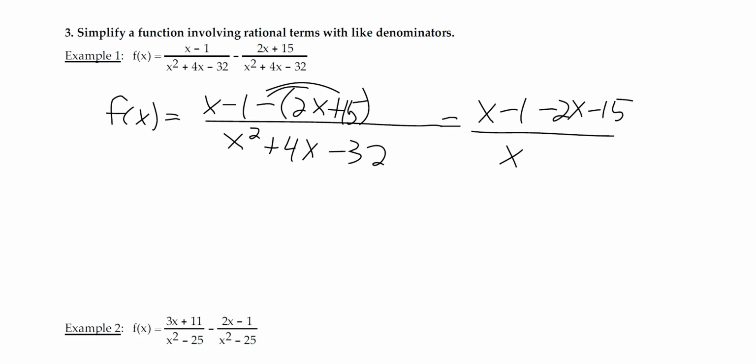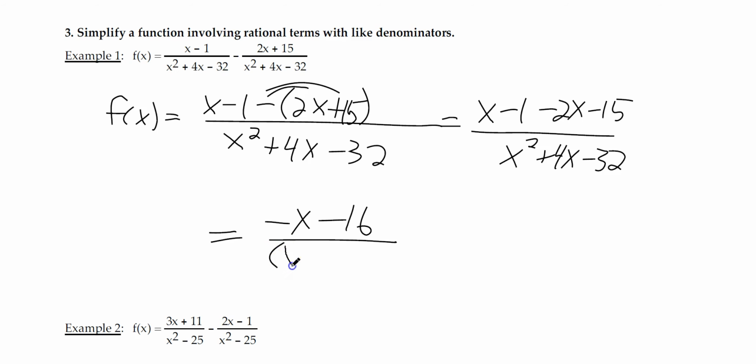Happily, I've got an eraser. x squared plus 4x minus 32. We can reduce an x, so that is minus x and minus 16. And because this 32 might have a 16 in it, we can factor it just to see. So we have x, 8 and 4 is what does it. x plus 8, x minus 4.